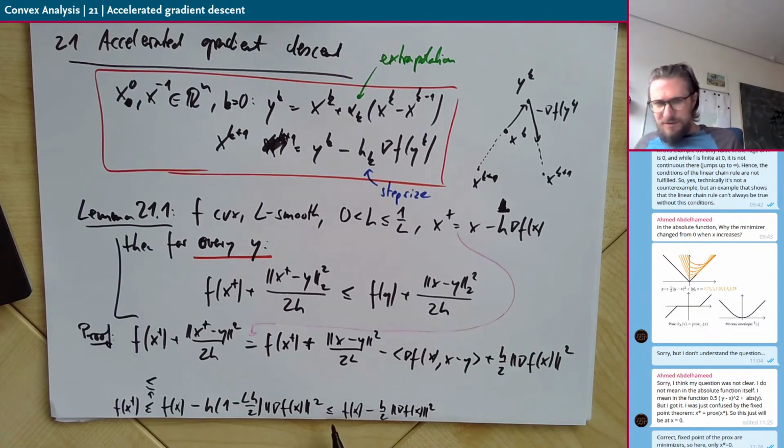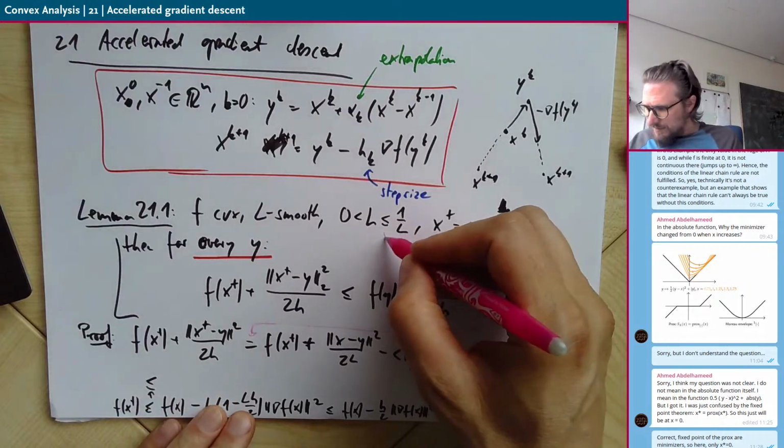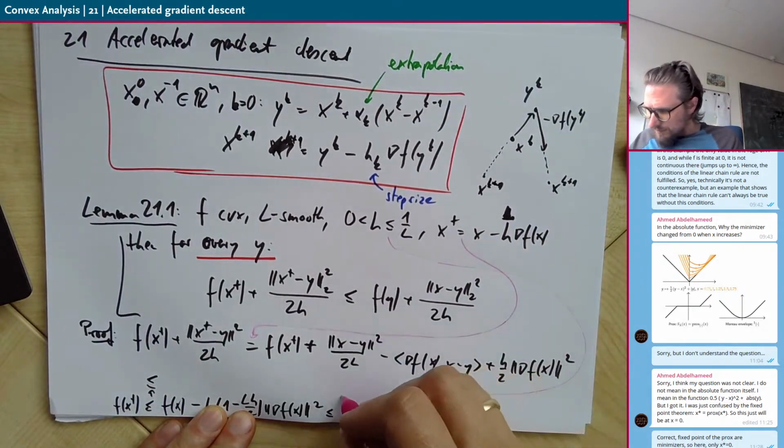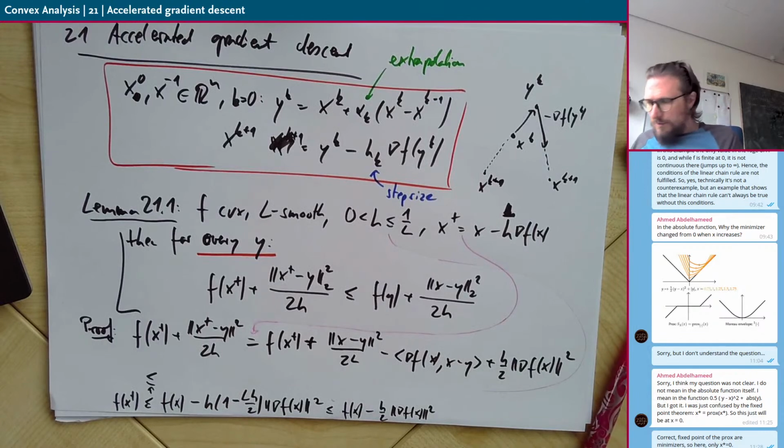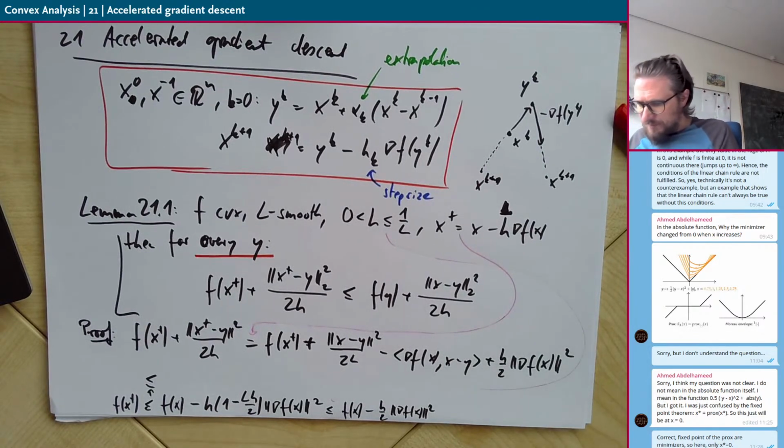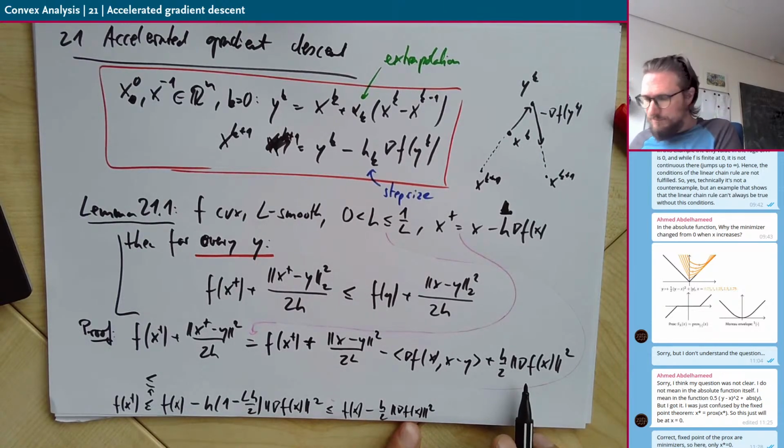So here we use this inequality, so this also goes in there. Okay, and now we use this for the f of x plus, this outer inequality, and see that this gradient term actually cancels.